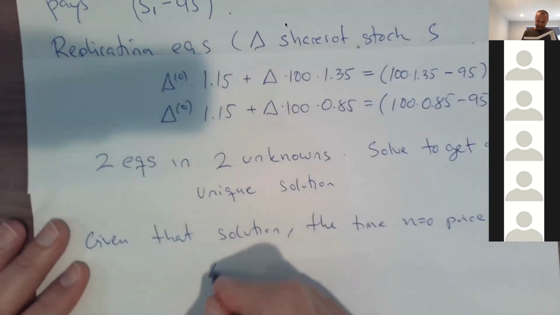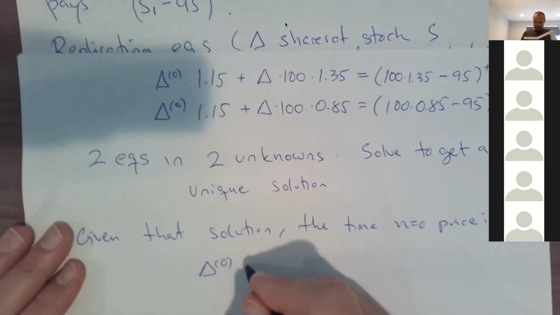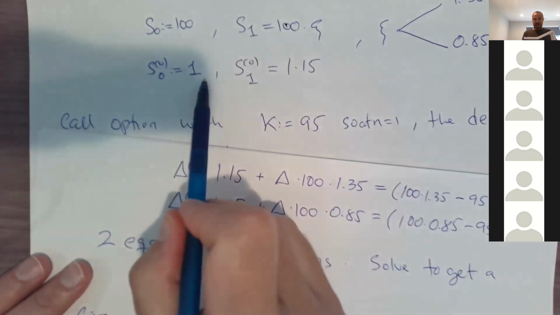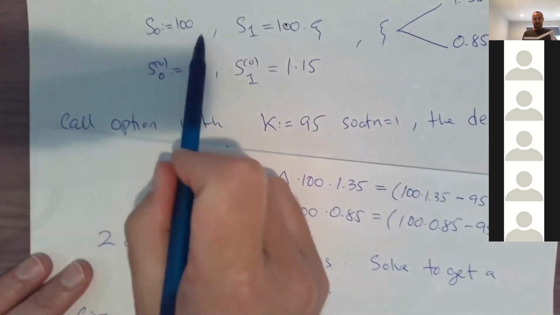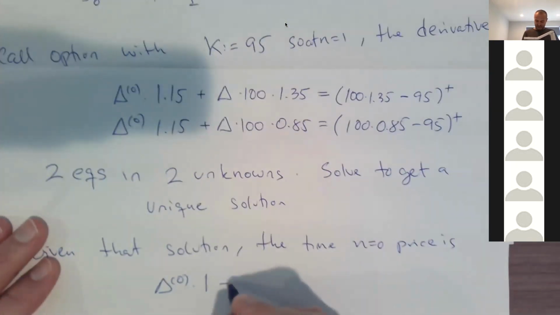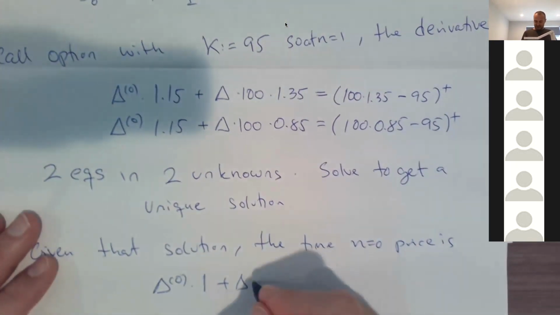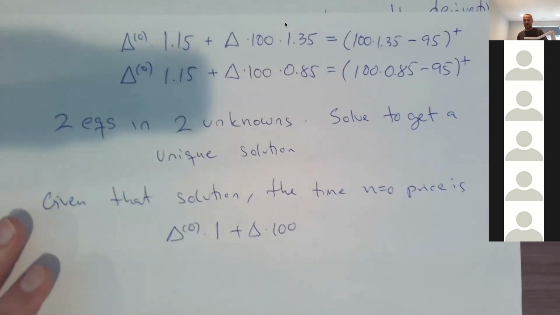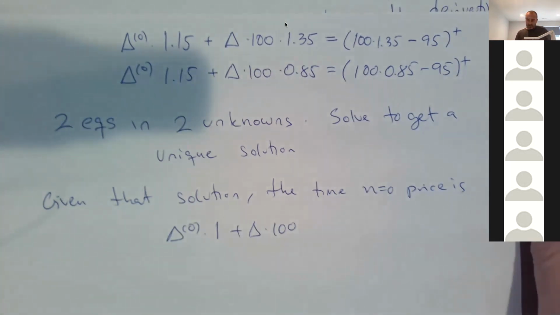Well, it will be delta naught times 1, because that was the initial money market account. The initial stock price was 100, so I'll have to add delta times 100 here. And that's going to be the initial price of the replicating portfolio, which we already argued must necessarily be the same as the call price.